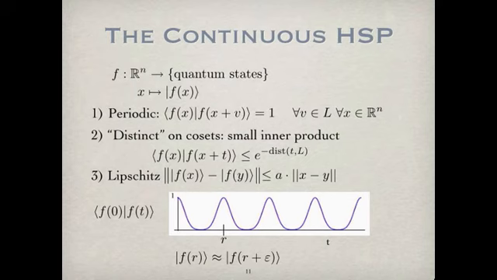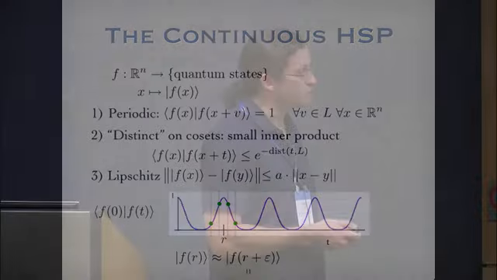So we can set down a grid relative to the Lipschitz constant, and we're free to evaluate it at these other points. These two points would be close to f of r, almost the same state, and we can get access to the information that way. So that's the continuous HSP definition.